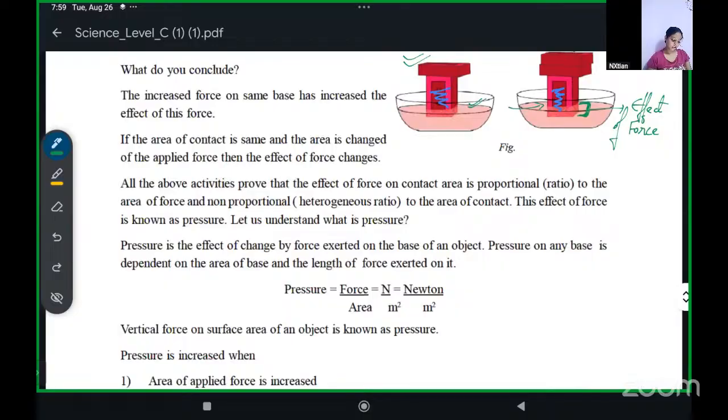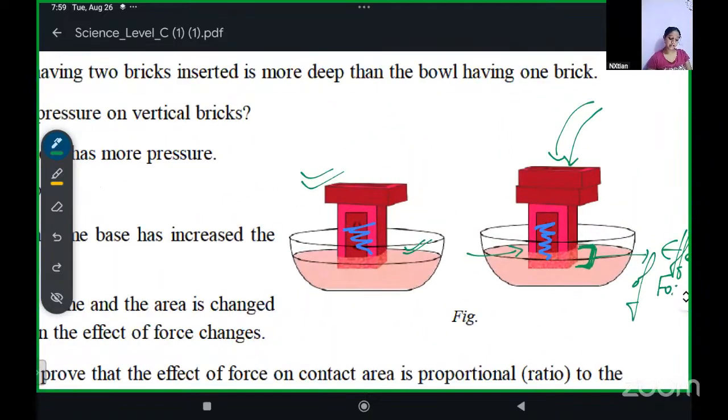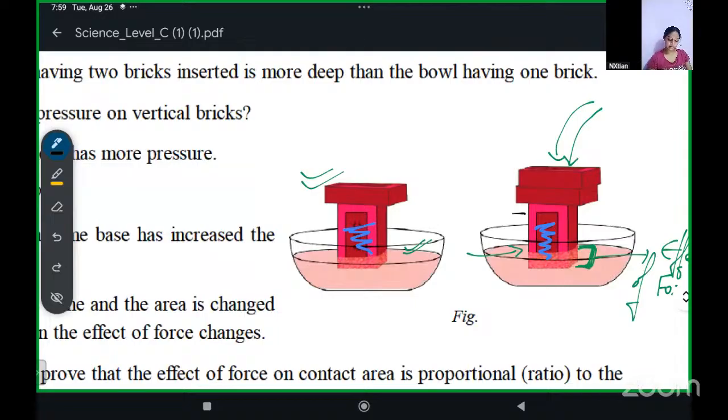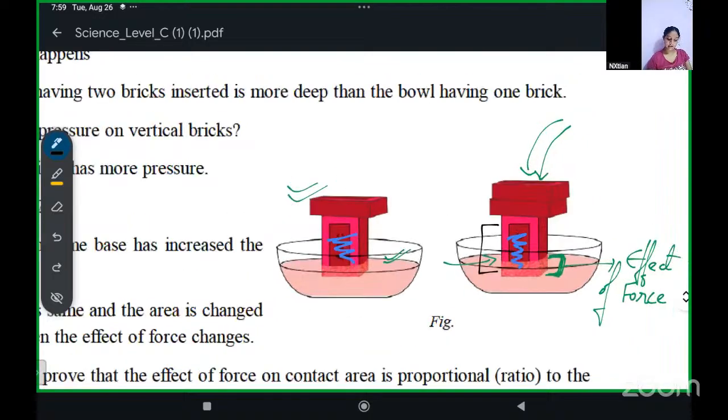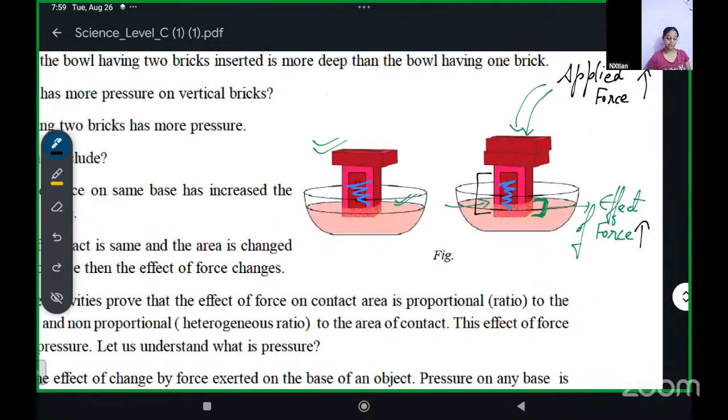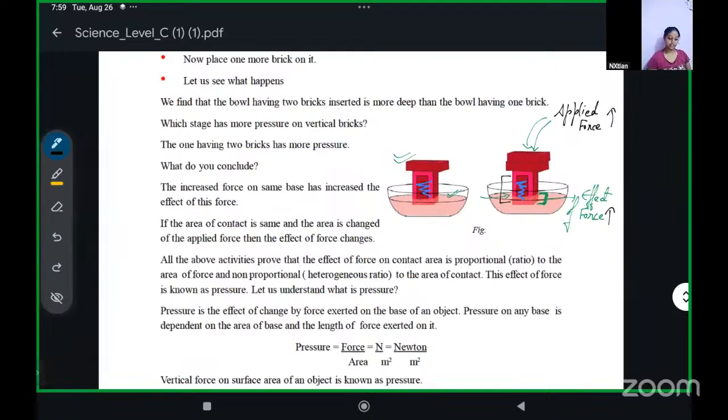If the area of contact is the same and the applied force is changed, this is the area of contact and this is the applied force. If the applied force increases, the effect of force also increases or changes.